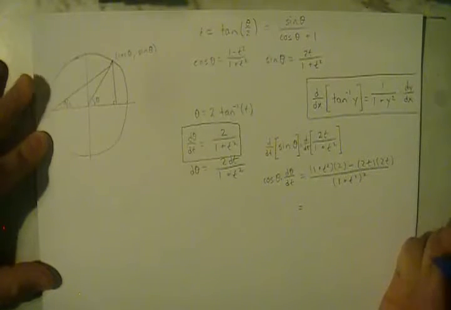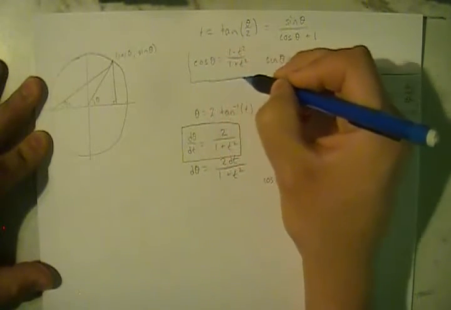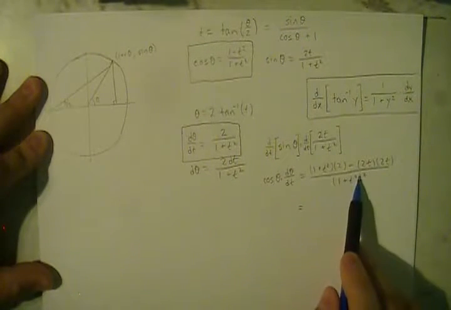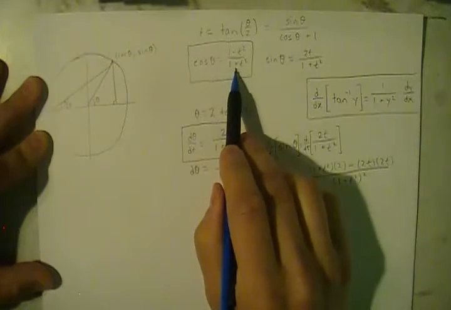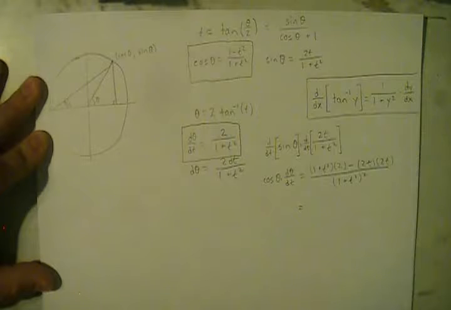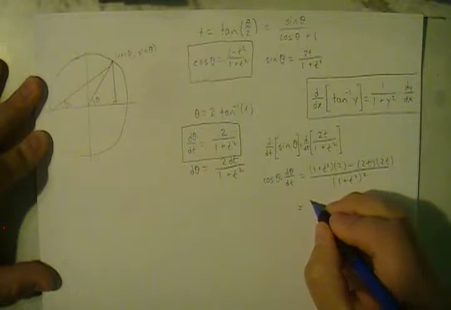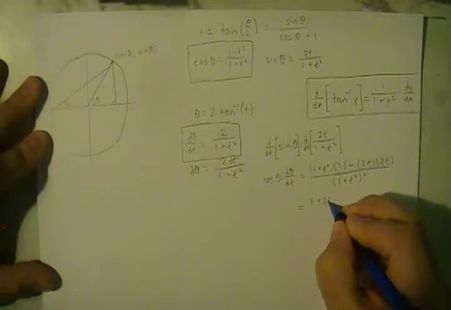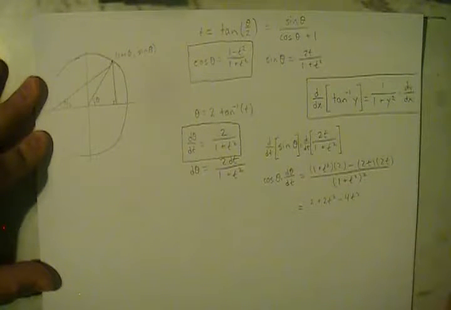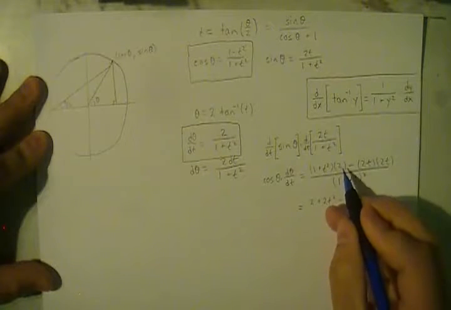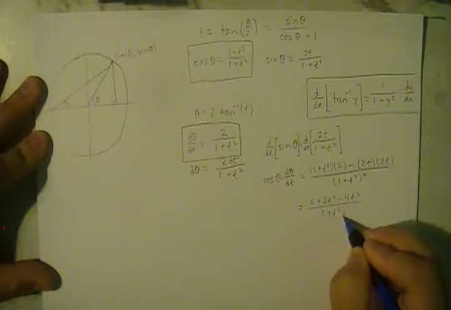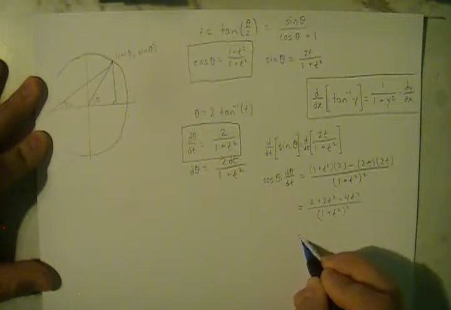Okay, so just a reminder, cosine of theta was this. So what I want to show for this side of the equation is that it's this function times this function, or cosine theta times d theta dt. And so that's 2 plus 2 t squared minus 4 t squared divided by 1 plus t squared squared.